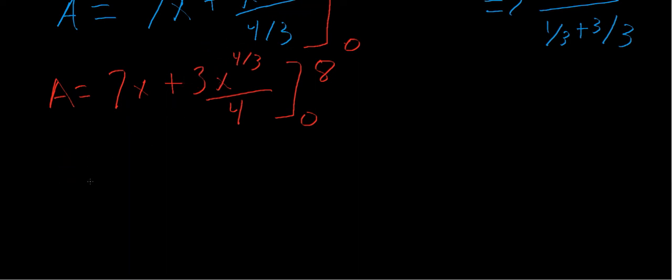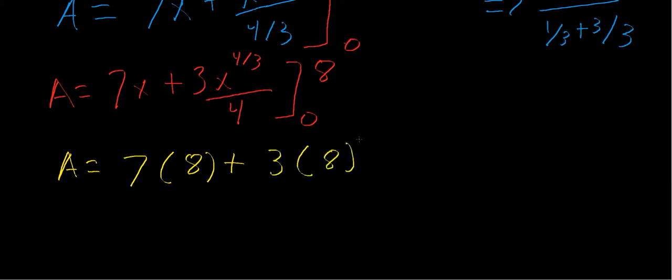So F of b minus F of a, our area equals 7, because we're going to evaluate it at 8 first, 7 times 8 plus 3 times 8 to the 4/3 over 4, minus F of a.